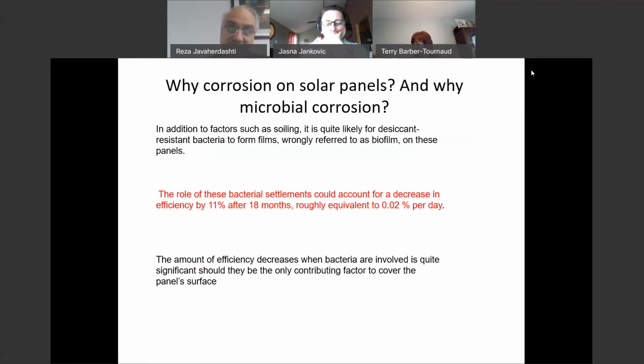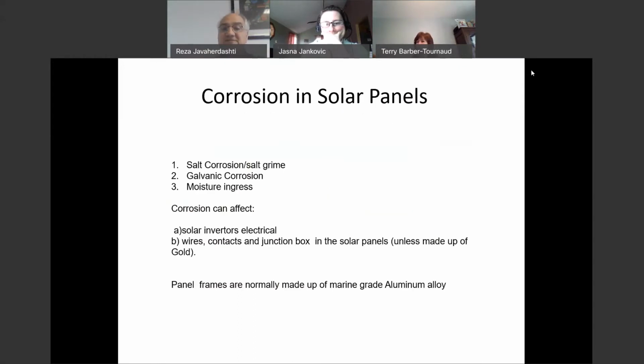Imagine that in addition to bacteria, you also have other covering materials such as dust, snow, etc., that would again increase these unwanted impacts. In solar panels, you can basically see three types of corrosion processes.